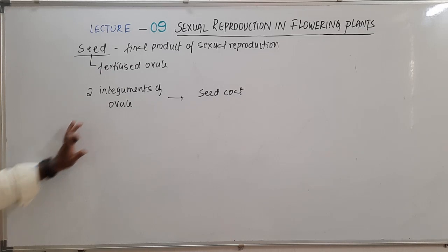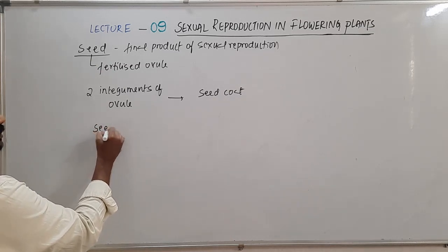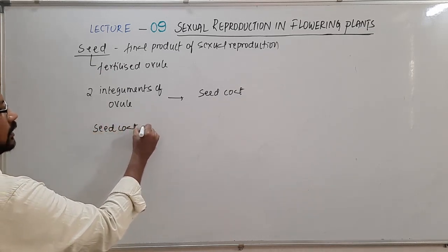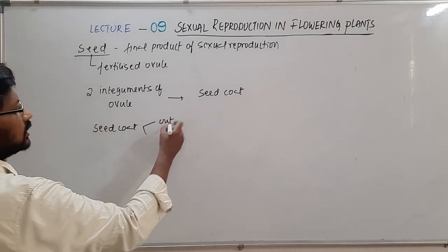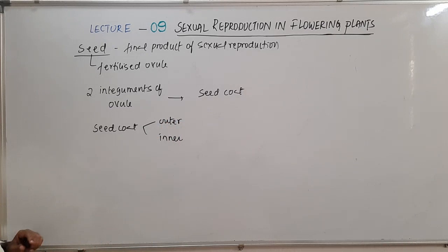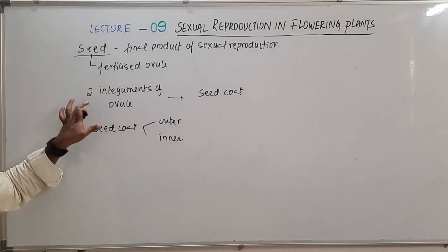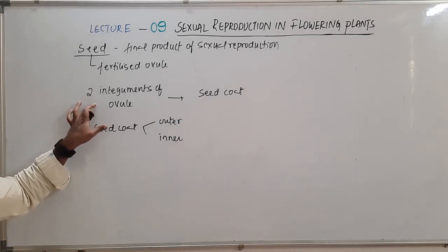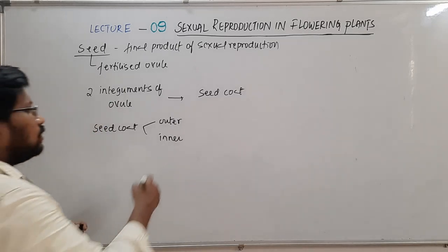This seed coat actually has two layers, an outer and an inner layer. The point is that the outer integument is going to develop the outer layer of the seed coat.